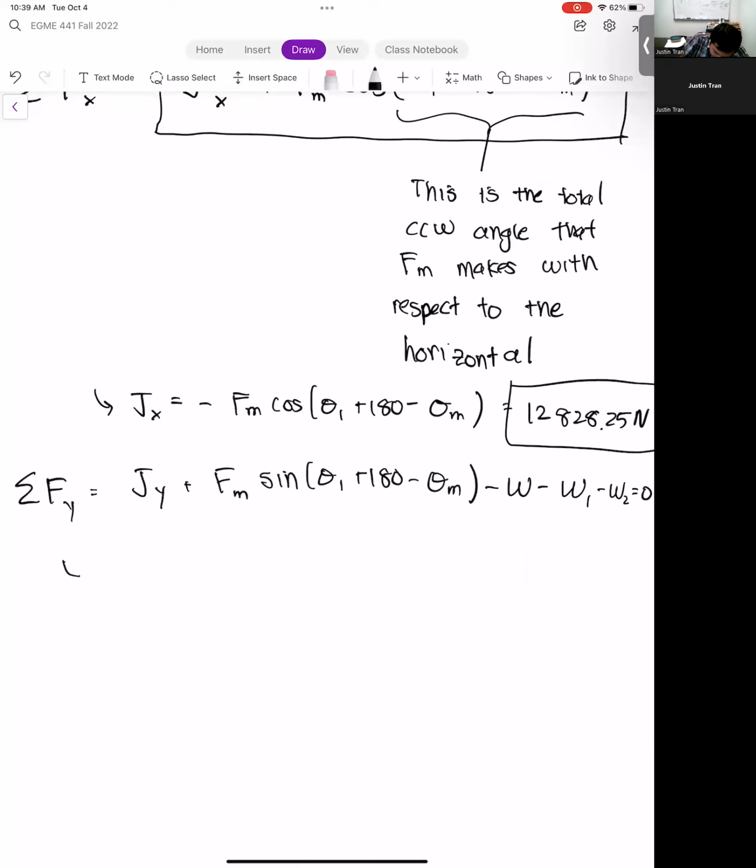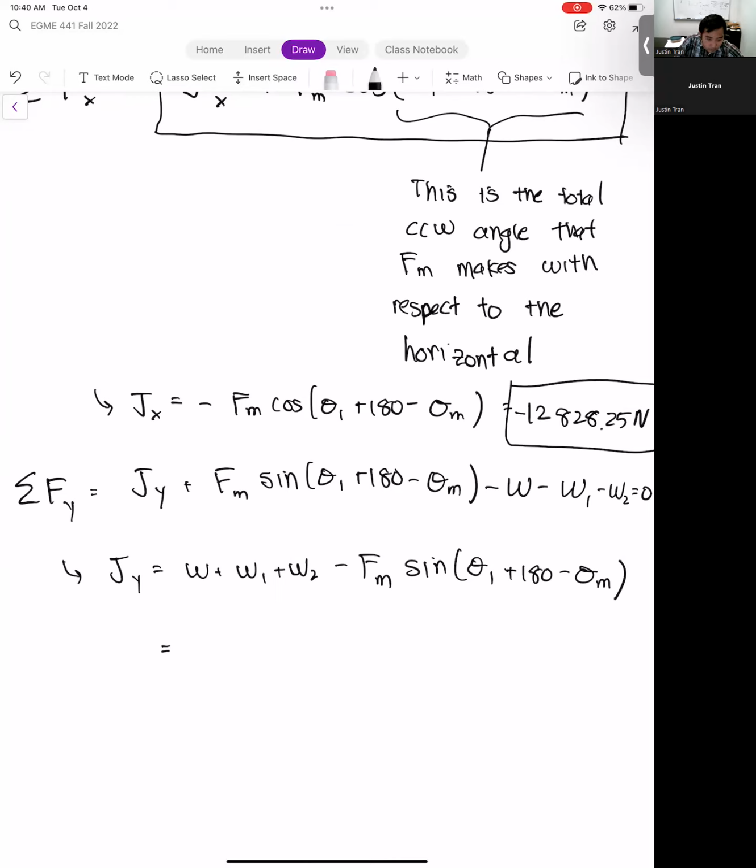So we solve this equation for Jy. Jy in this case is going to be W plus W1 plus W2 minus Fm sine of theta 1 plus 180 minus theta m. We plug in the numbers for this.